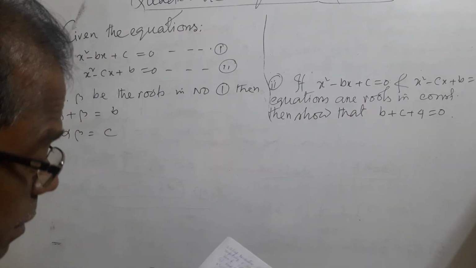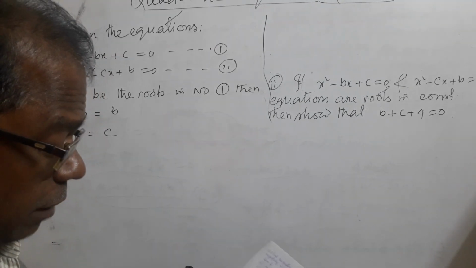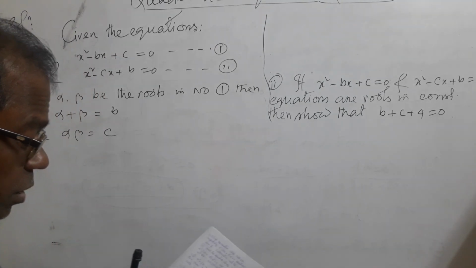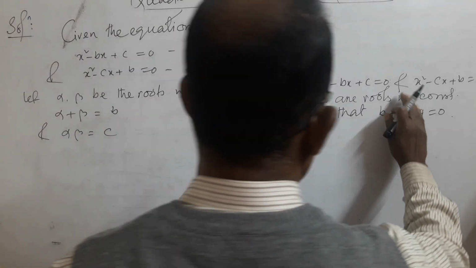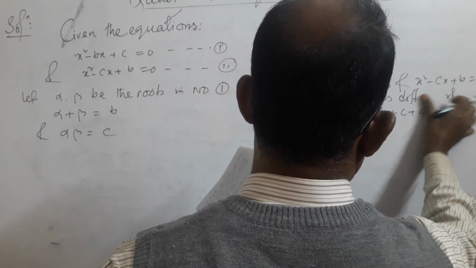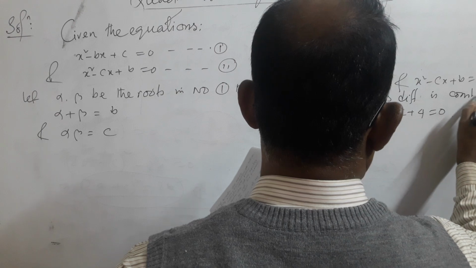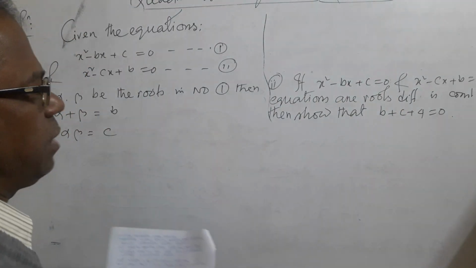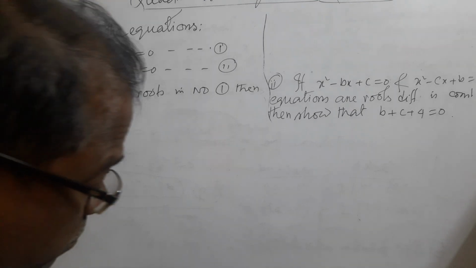We have to prove that if the roots are different in each equation but the difference is constant, then b plus c plus 4 equal to 0.